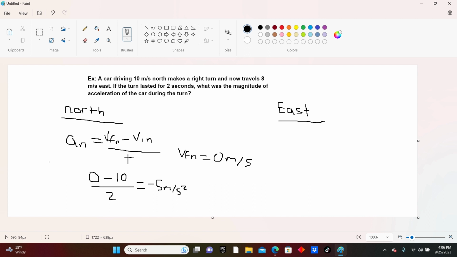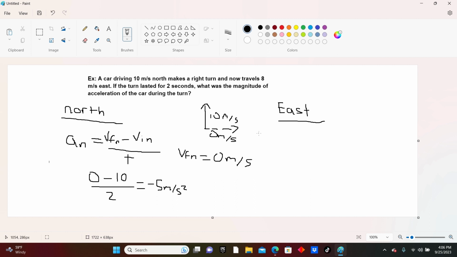Initially, it's only traveling 10 meters per second in the north direction. So that would have to mean that in the horizontal direction, the east direction, it has to have a velocity of 0 meters per second, since it's not even traveling in that direction.